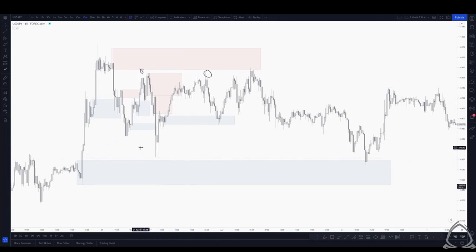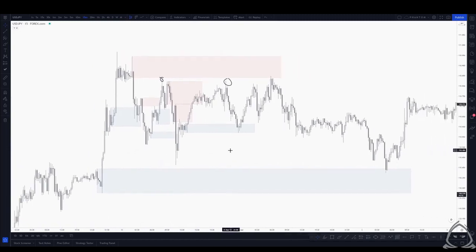They don't get respected, anything like that. And by the end of the exercise, your chart's probably going to look incredibly messy. There's really no other way to put it. But what this exercise is going to do is get you thinking. It's going to get you comfortable with mapping out supply and demand zones. And what you'll begin to do is train your eyes to see supply and demand zones.